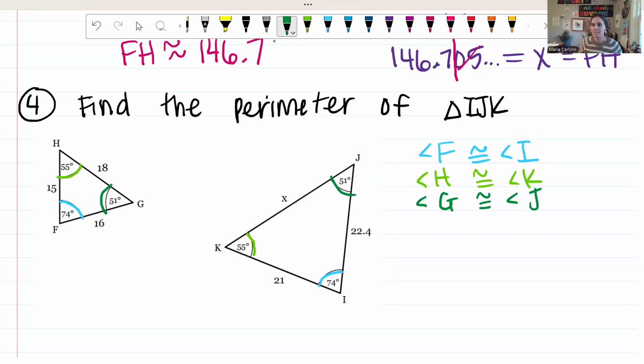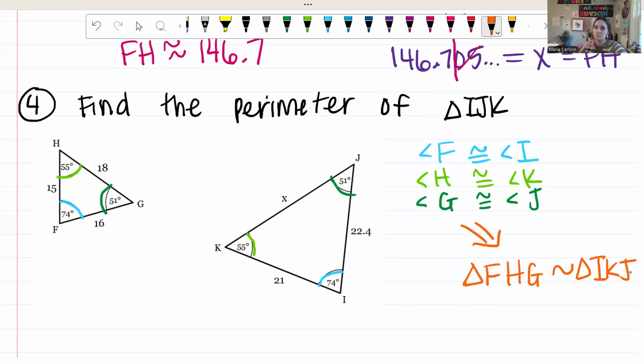The side lengths, however, are not all the same. So I need to see if these side lengths are proportional here. I know the angles are congruent, so, because these angles are congruent, triangle FHG is similar to triangle IKJ.